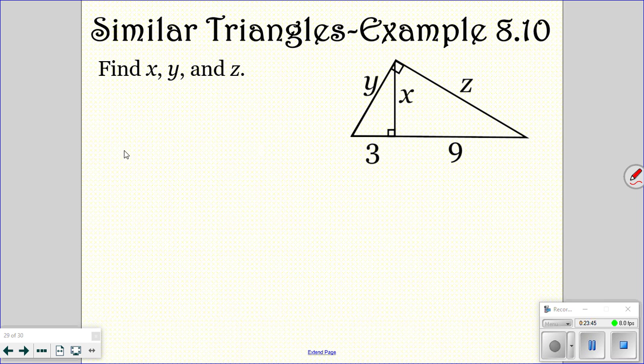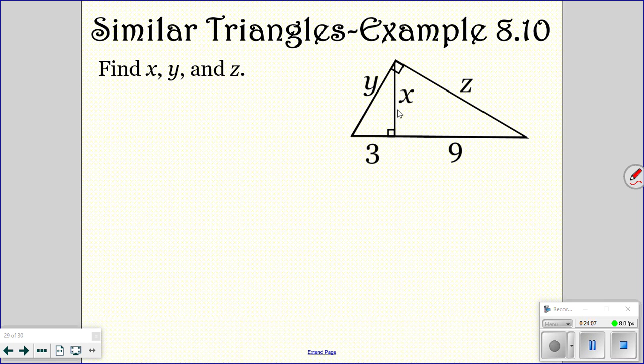I preferred the geometric mean because it's not that difficult to do. You just have to remember your corollaries from lesson, I believe it's lesson 51 from the geometry book. If you want to go look, it may be lesson 50, but I think it's lesson 51. So if y'all want to break and look at the corollaries from that book later, you can do that.